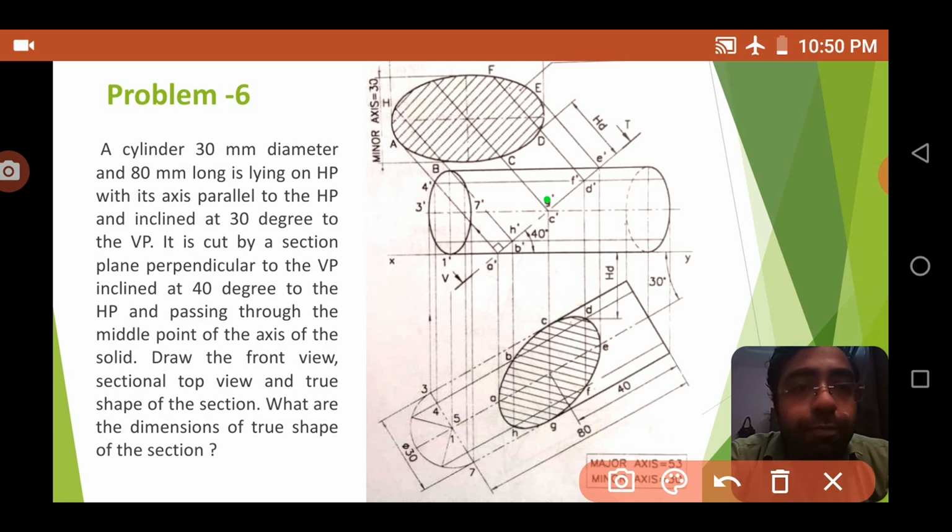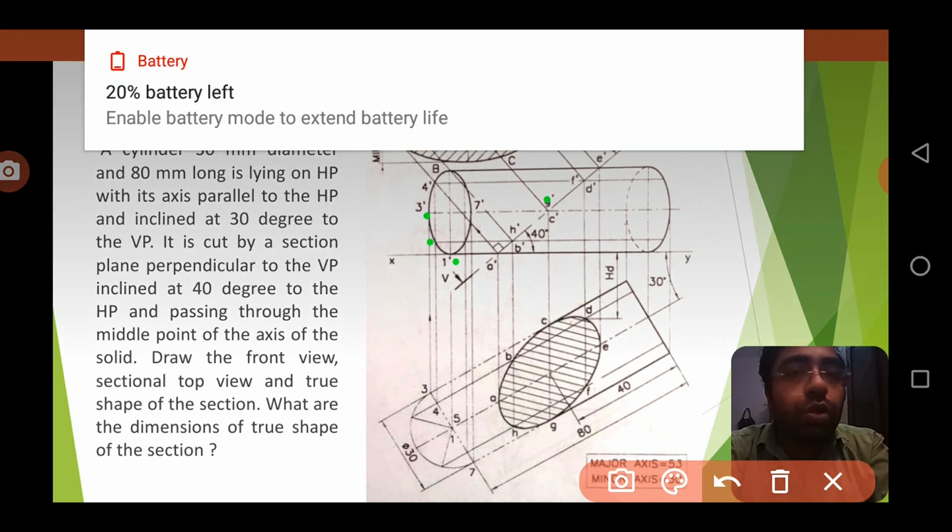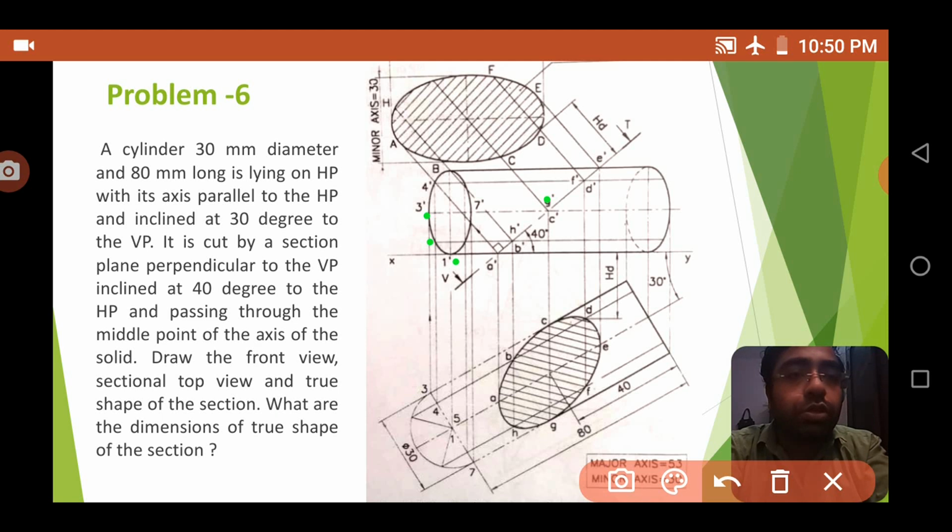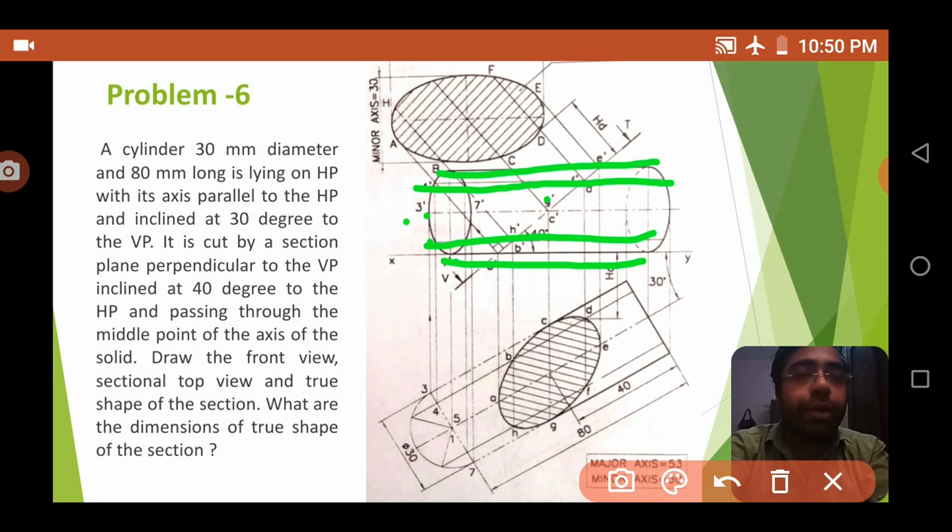Now the corresponding points, there are a lot of them: 1 dash, 2 dash and 3 dash. You just draw the line here, here, and the center line, and the fourth point line, and the top line. So you'll get each corresponding point here, there and there, and here the last point.